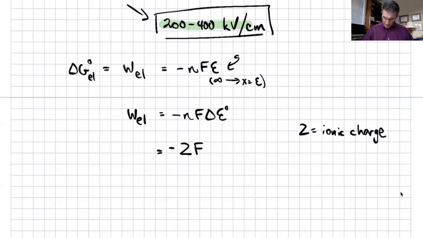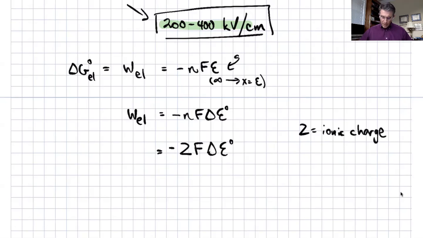Times F, that's again Faraday's constant, times delta epsilon. Now that symbol is the same symbol we were using both for electrostatic field potential in my previous lecture, as well as for standard reduction potential. And that makes sense because they're the same number. They're both measurements of electrostatic field strength in volts, right?